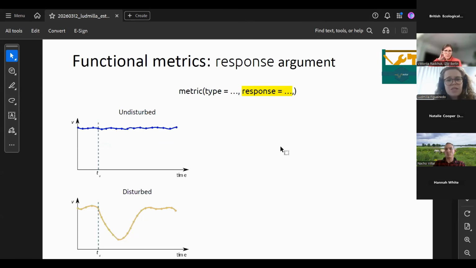The second way to identify which metric you want to calculate is by identifying the response. You can think of response as the way you measure how your disturbed system is different in relation to your undisturbed system. This can be by the variable itself. If you keep thinking about population abundance, you can think how much of a drop there happened.